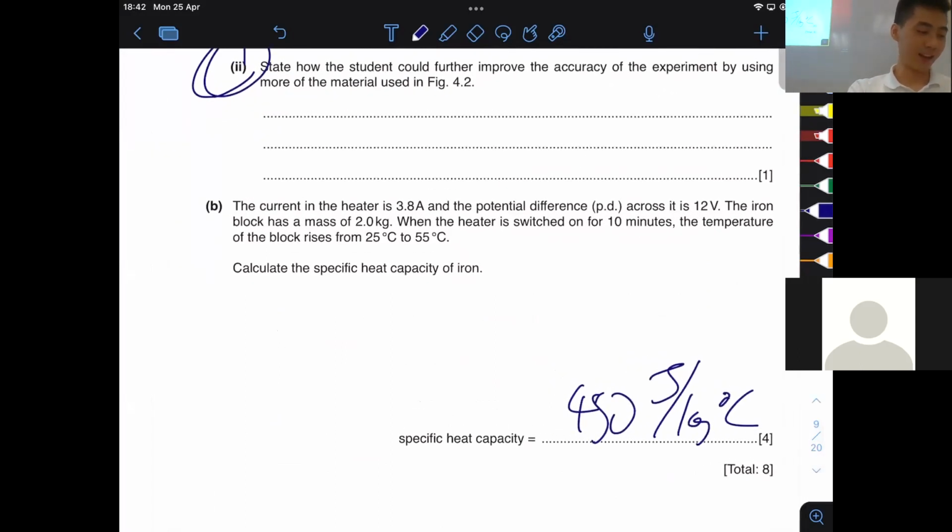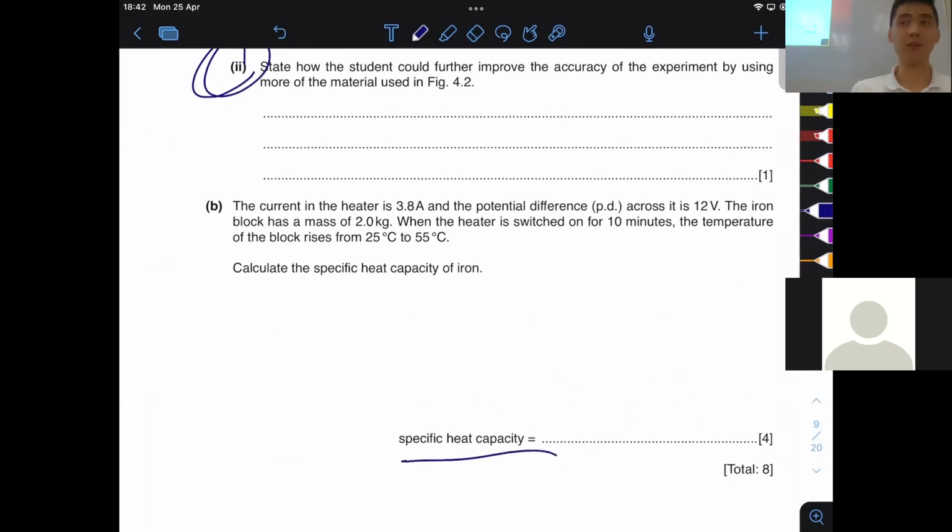So looking at this question here, first and foremost, they asked me for specific heat capacity. What's the formula for specific heat capacity? Good, excellent.